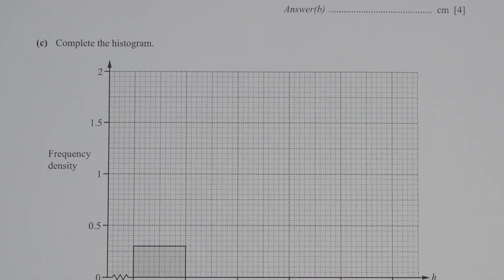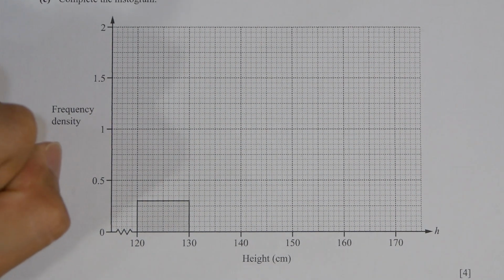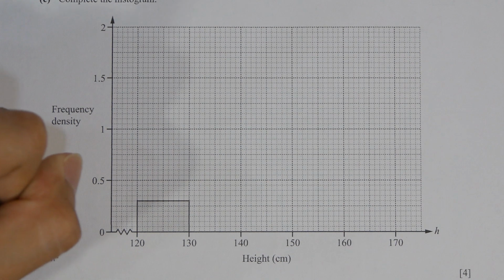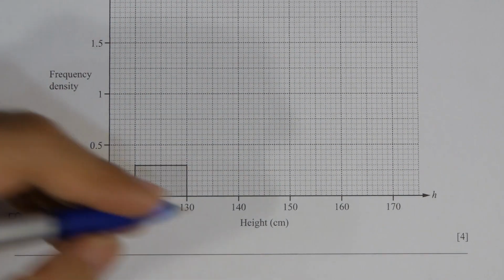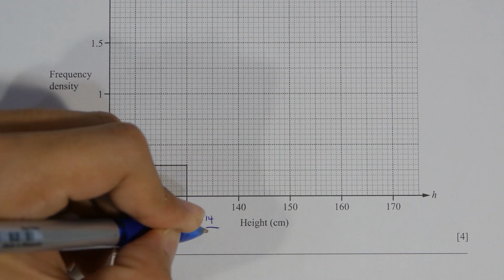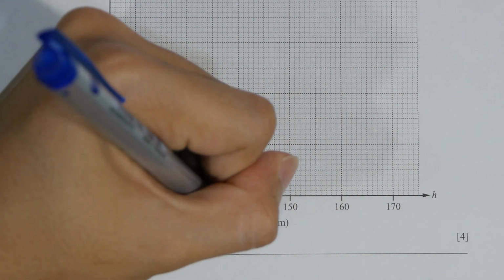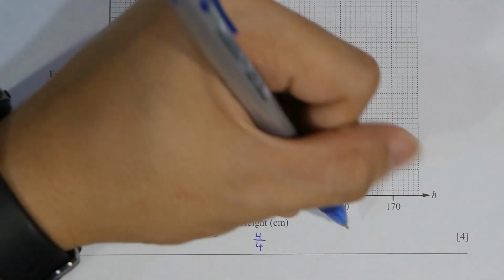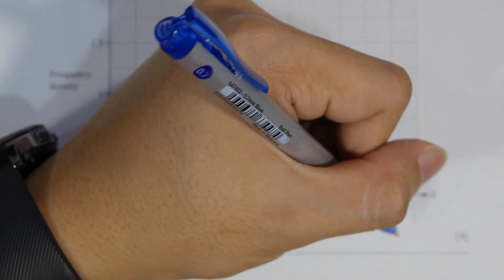Okay, for part C, frequency density is actually the height of the histogram. Simply take frequency divided by its respective class interval. So what I usually do is to check the height of the frequency density given by the graph. So simply take 3 divided by 5.